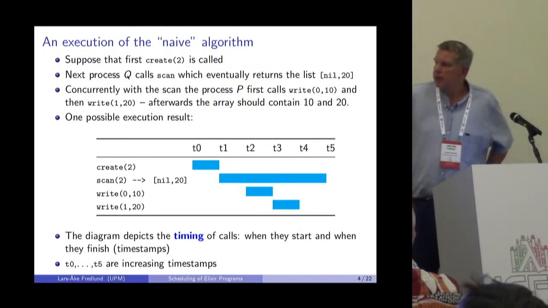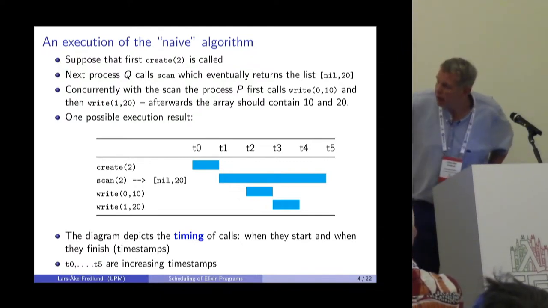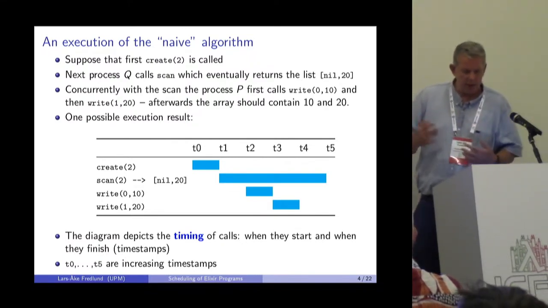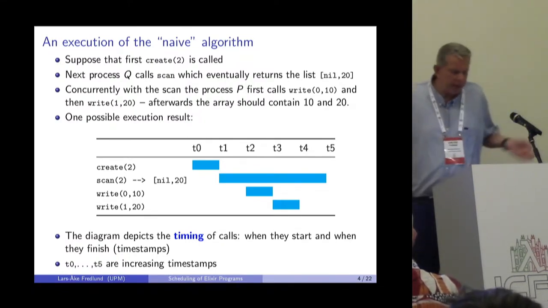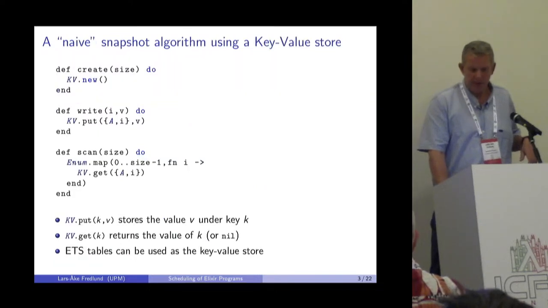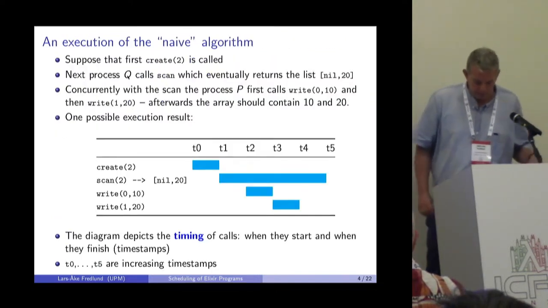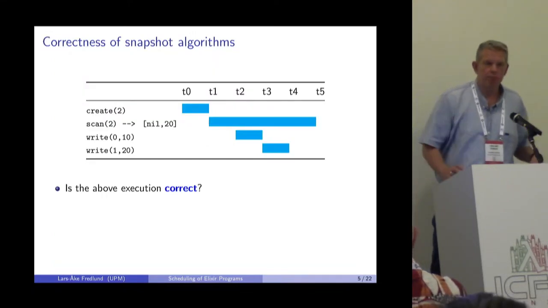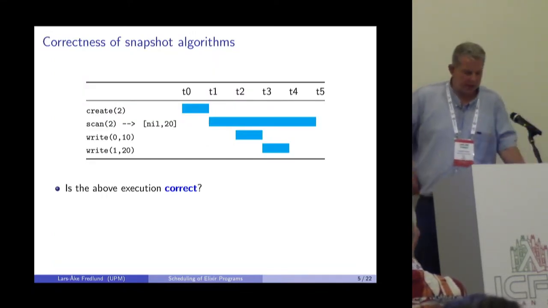And while the scan is ongoing, we call write 0 10, and that terminates, and then afterwards we call write 1 20. So this is one possible execution of the implementation we saw on the previous slide. If you have any questions, just ask. You don't have to wait for the question session.